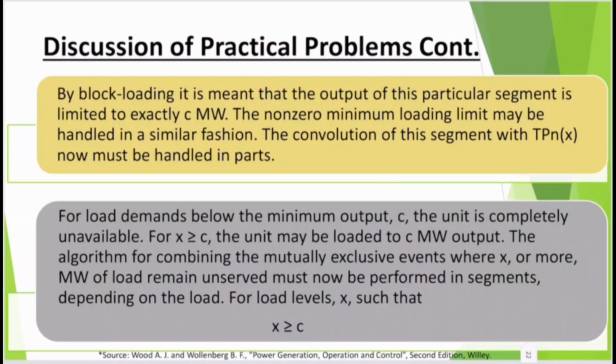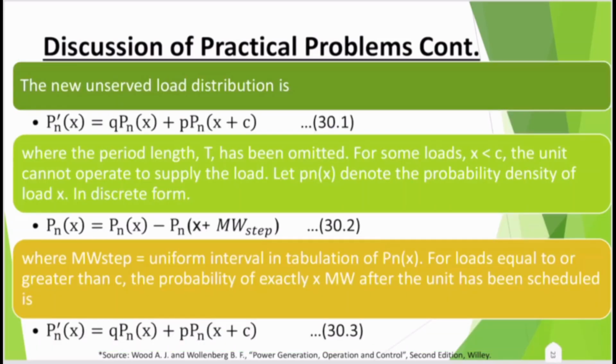The algorithm for combining the mutually exclusive events where X or more megawatt of load remain unserved must now be performed in segments depending upon the load level X, such that X is greater than or equal to C. The new unserved load distribution is P_n'(X) = Q times P_n(X) plus P times P_n(X+C). That is my equation number 1, where the period length T has been omitted.